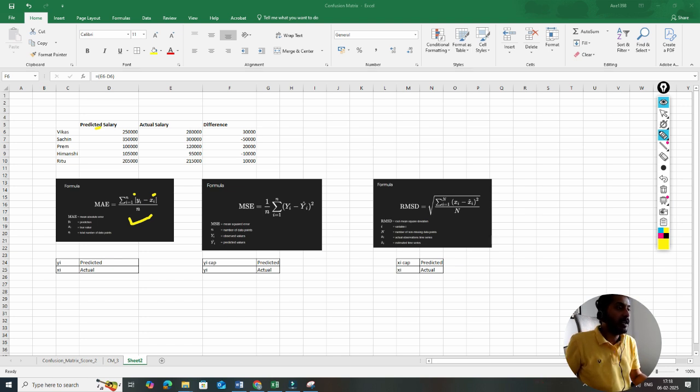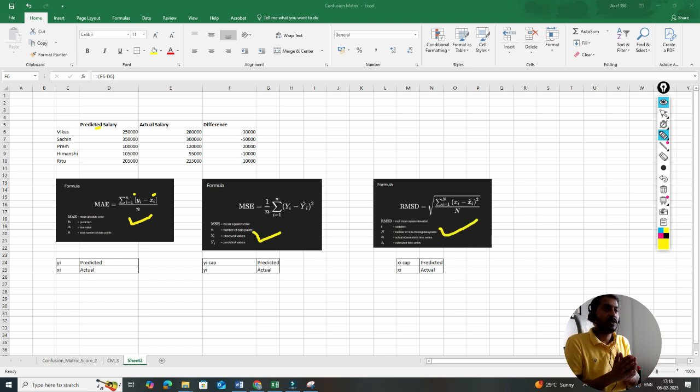Take the square, and again we take the square root. This way you can find mean absolute error, mean square error, and root mean square error or root mean square deviation.